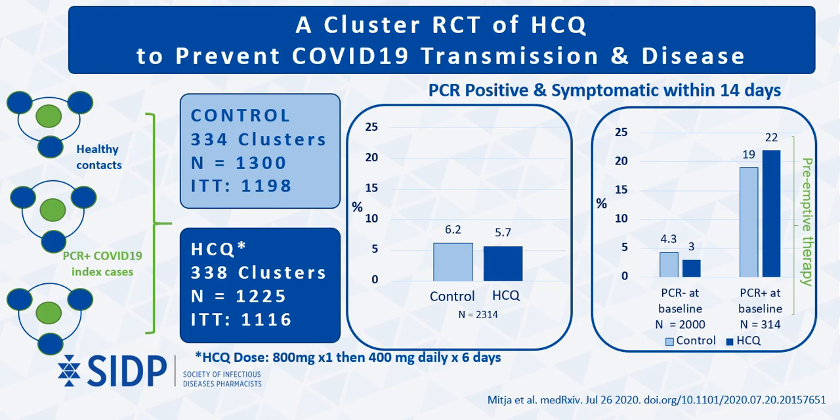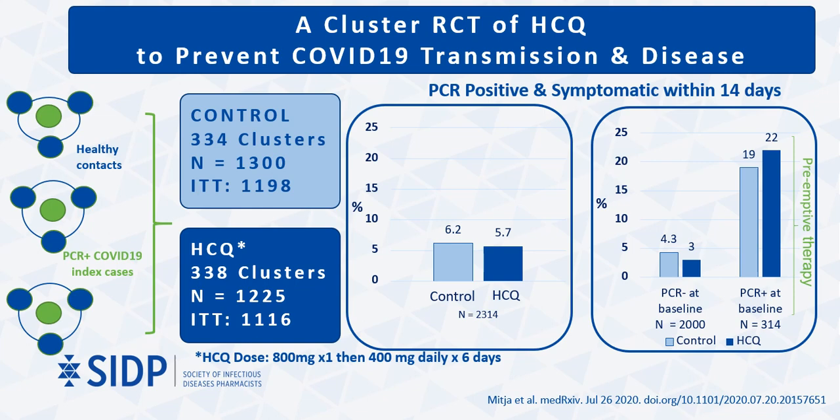So the median size of their cluster was 2 people, but it ranged from 1 to 3 in the interquartile range. The majority of these clusters were actually nursing home related. About half were nursing home workers, and then 13% in the control and 12% in the hydroxychloroquine arm were nursing home residents.